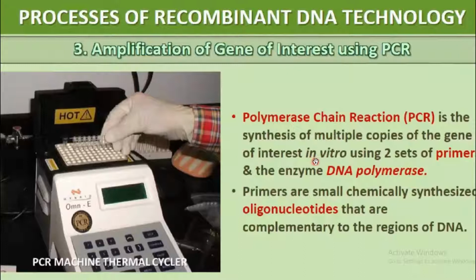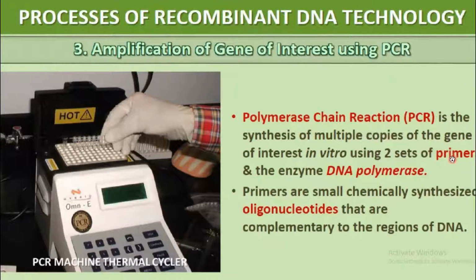In vitro means inside the lab. Then primers are necessary to amplify the gene of interest by using polymerase chain reaction. Then DNA polymerase is an enzyme that is also necessary to do the process polymerase chain reaction.